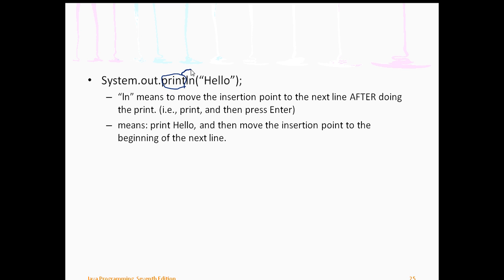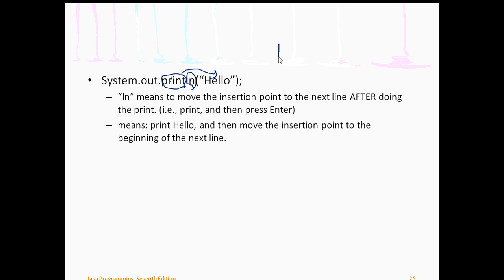So it's going to print hello, and then the next thing that happens is the ln, which says go to the next line. So it's the same thing as saying, hey, print, then press the enter key.